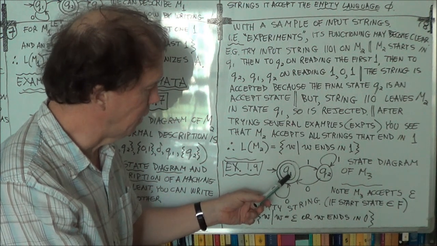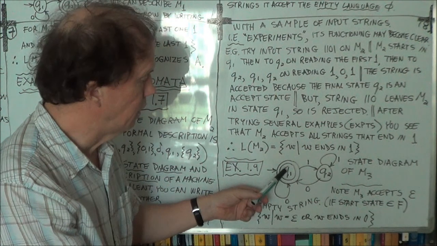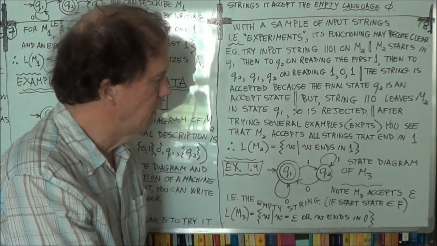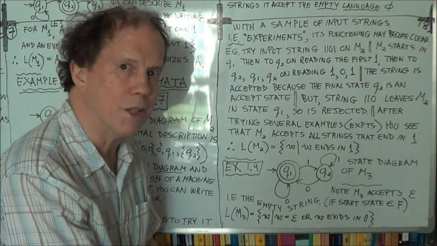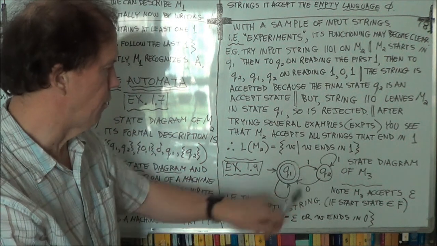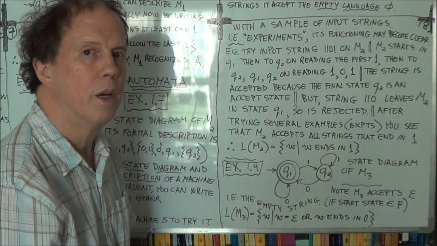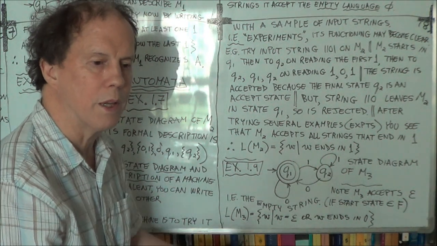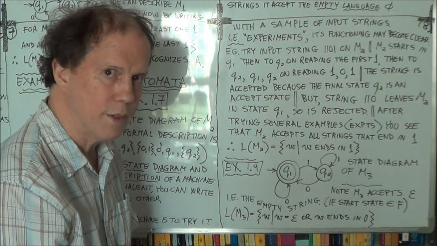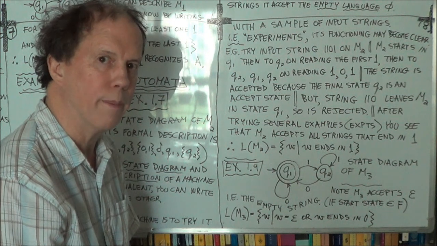The final state is Q1, but Q1 is an accept state. So this automaton accepts the null string, the empty string. That's just a remark. Now, what's this automaton's language? What's the classification rule of the input strings in this automaton's language? What do they all have in common?